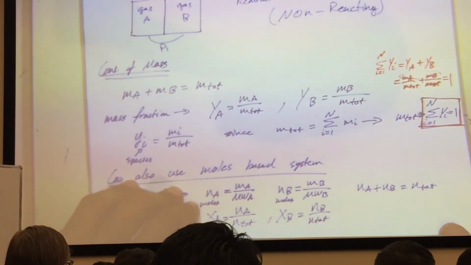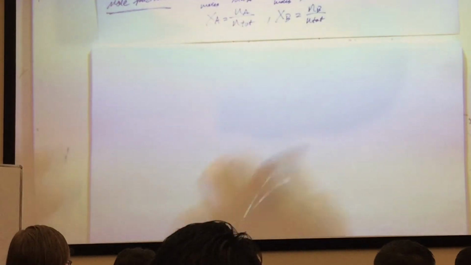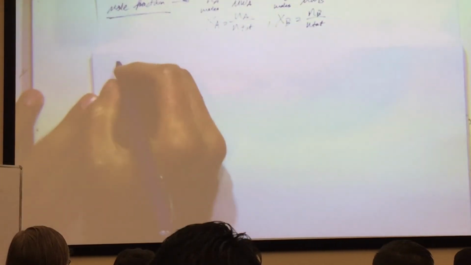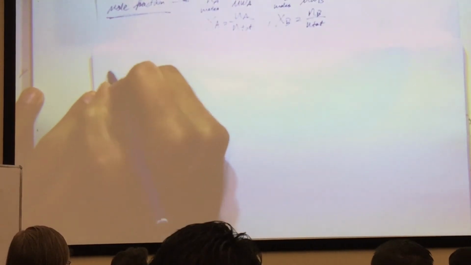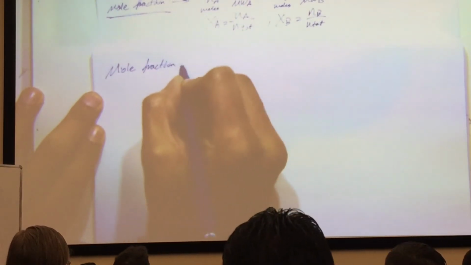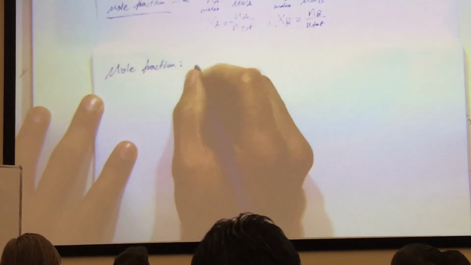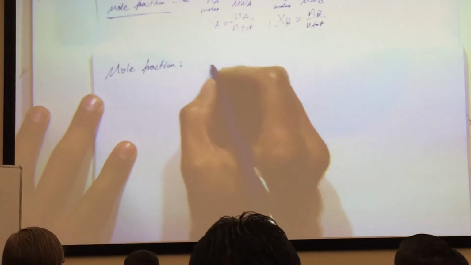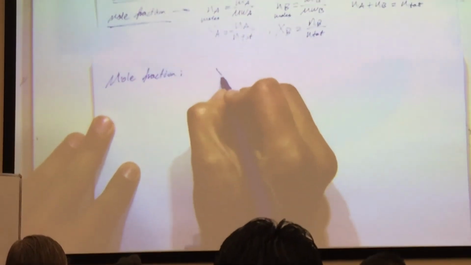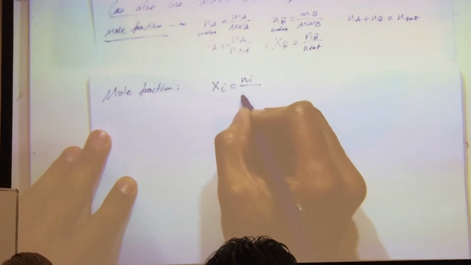You've seen mole fractions before, right? Sure. Well, we're reviewing it right now, so just memorize it. Based on this, I could write the general form for mole fraction: xi equals ni over n total.